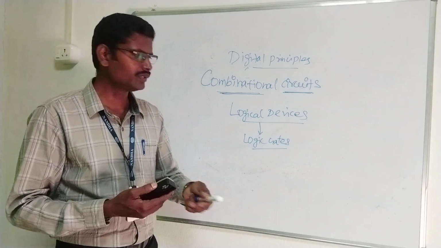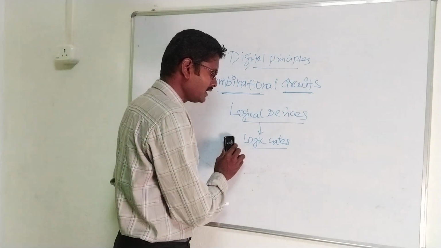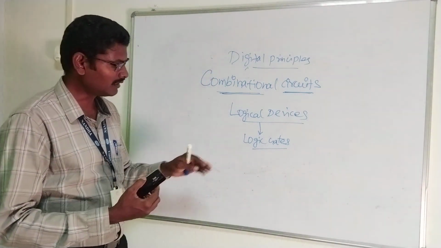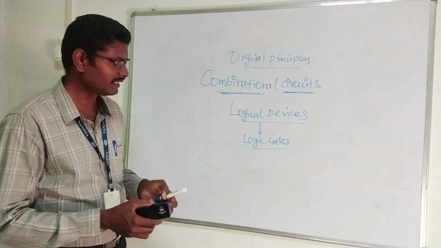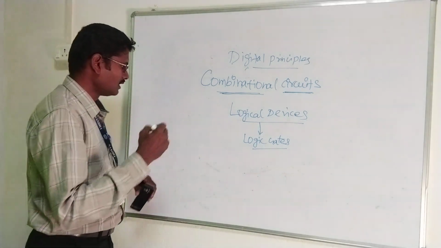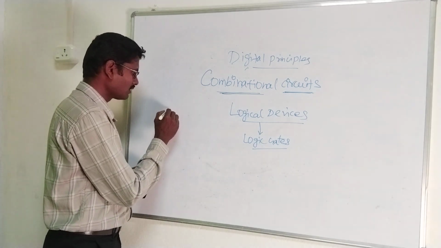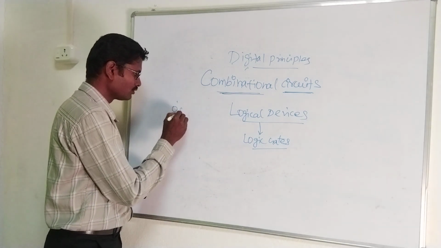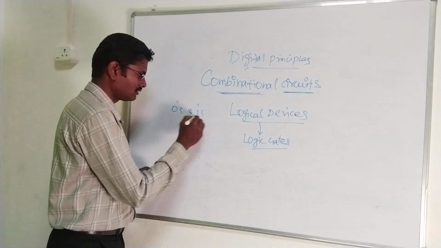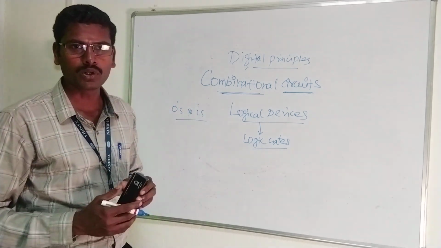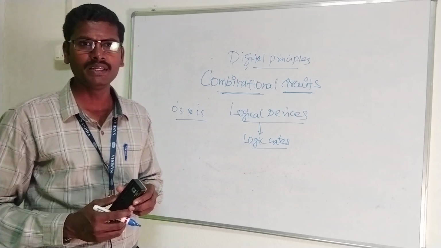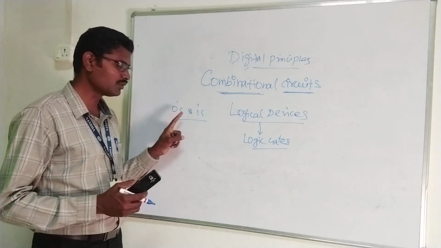There are different kinds of logic gates. Before we discuss the logic gates, let me explain the basic principle. The input and output of logic gates are always zeros and ones.